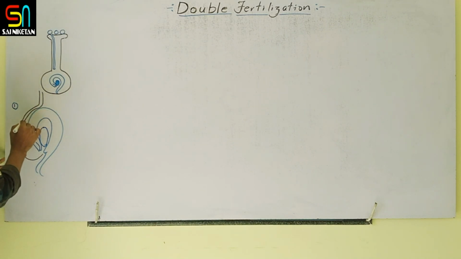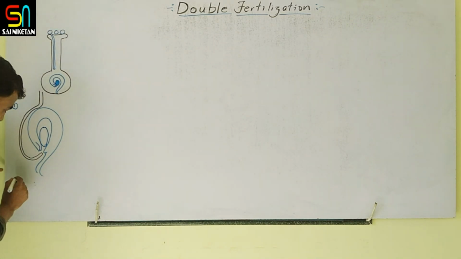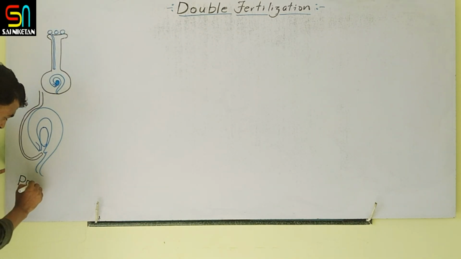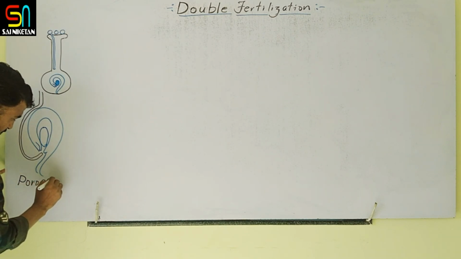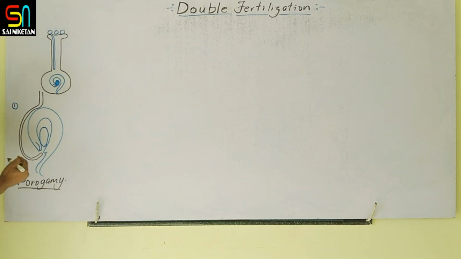If the pollen tube enters towards the micropylar end, this type of entry is called porogamy. In this pollen tube, two male gametes and the vegetative nucleus are there. If the pollen tube enters the ovule through the micropylar end, that is called porogamy.